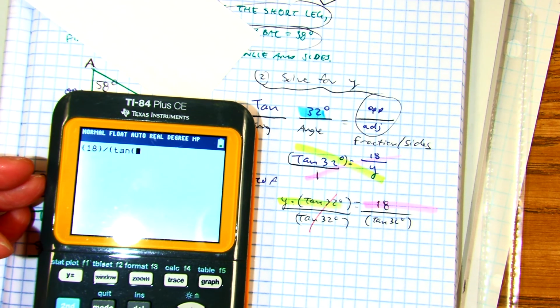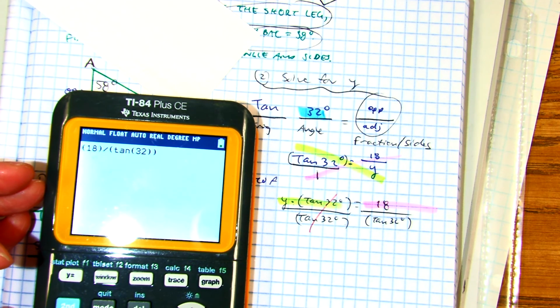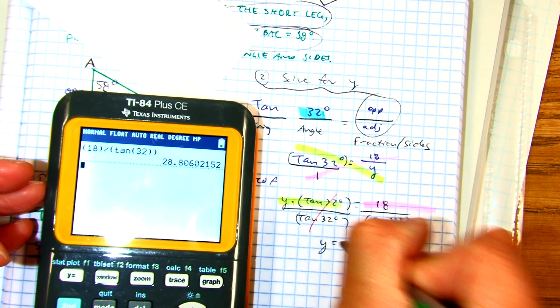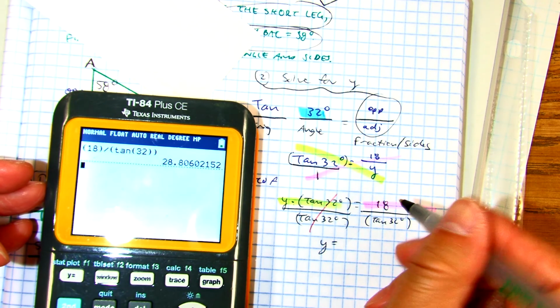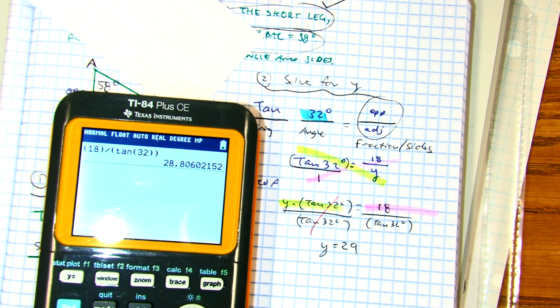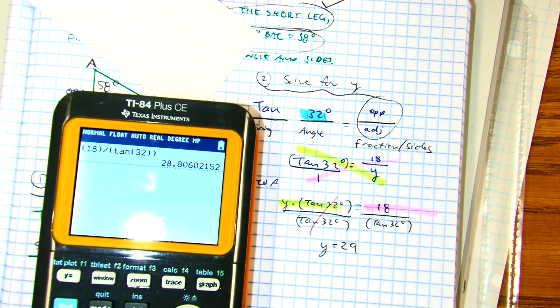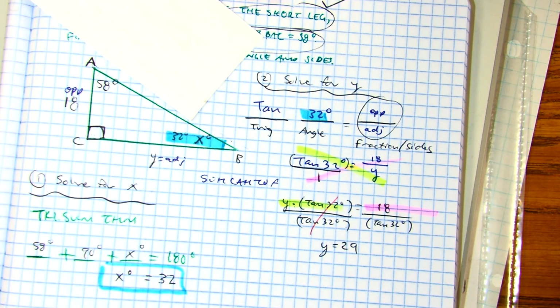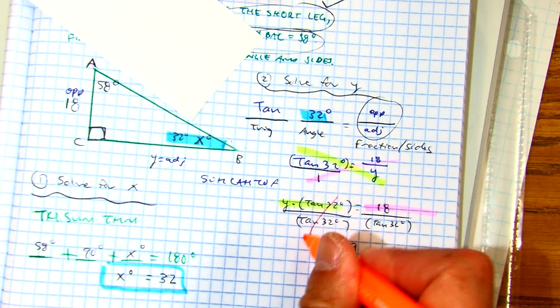Tangent of 32. Remember that you don't need the degree symbol. And Y is, if we round to the nearest whole, it is what? 29. Raise your hand if you got that. Yes. Okay. So Y is 29.